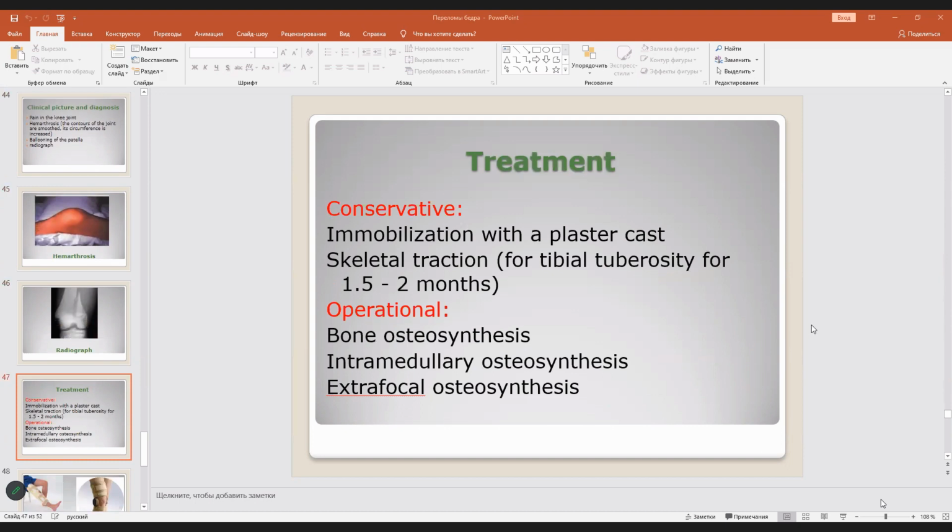Treatment. Conservative treatment: immobilization with a plaster cast and skeleton traction by the tibial tuberosity from 1.5 to 2 months, and operative treatment: bone osteosynthesis, intramedullary osteosynthesis, and extrafocal osteosynthesis.